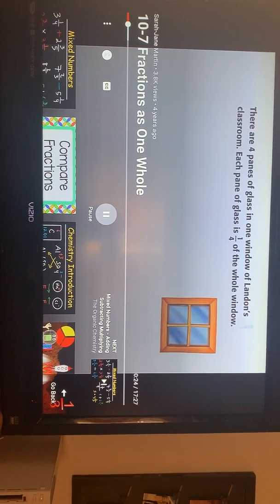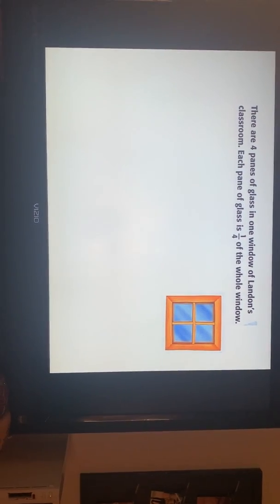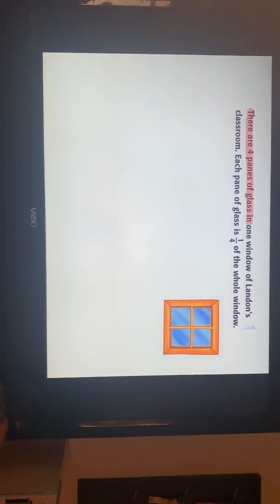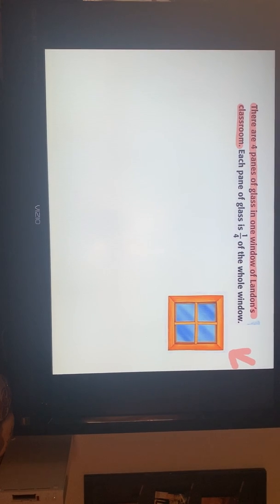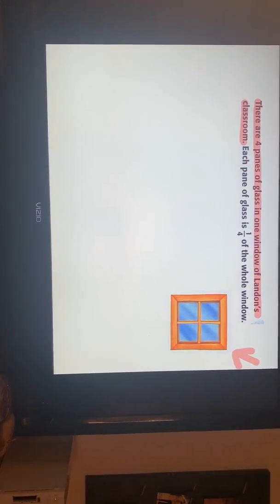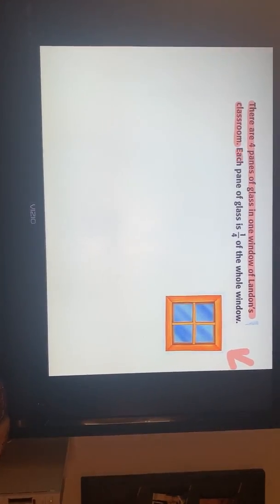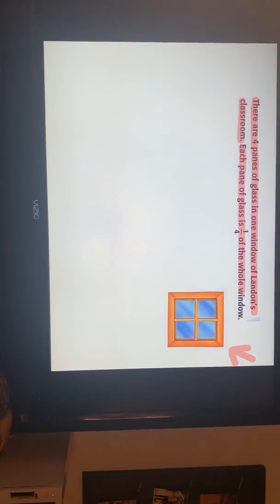Let's start by reading the question. There are 4 panes of glass in one window of Landon's classroom. And here it is, 4 panes of glass in one window in his classroom. Each pane of glass is 1/4 of the whole window.